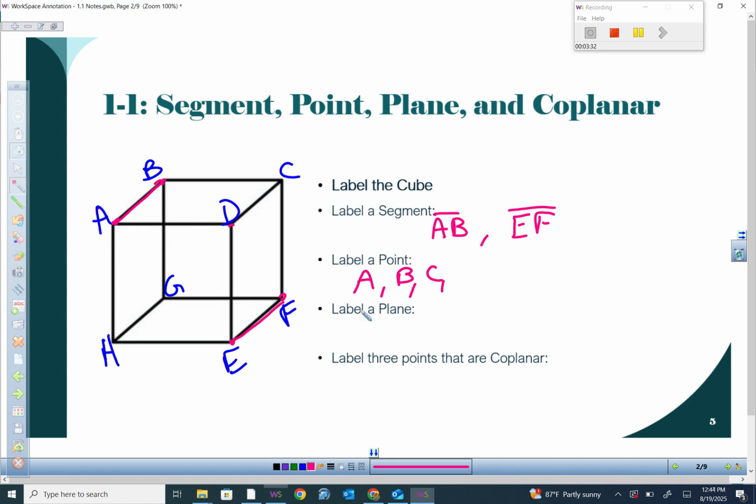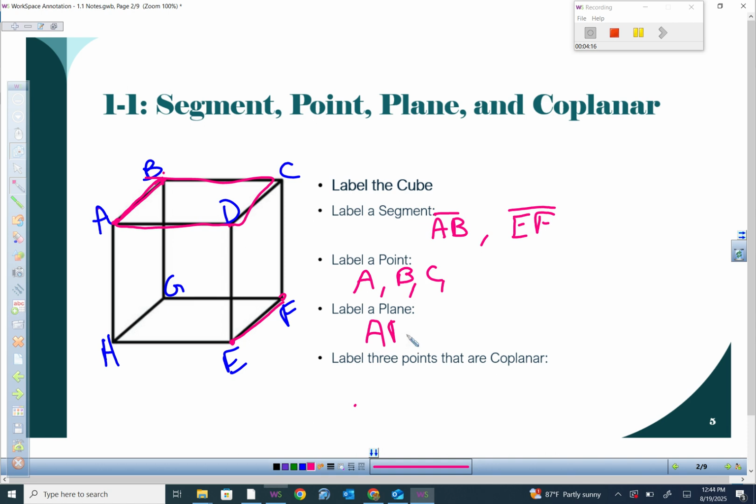Okay, a plane. You can label a plane by 3 non-collinear points, and we'll go over collinear in a little bit. So an example of a plane would be, I'm going to talk about this plane up top.